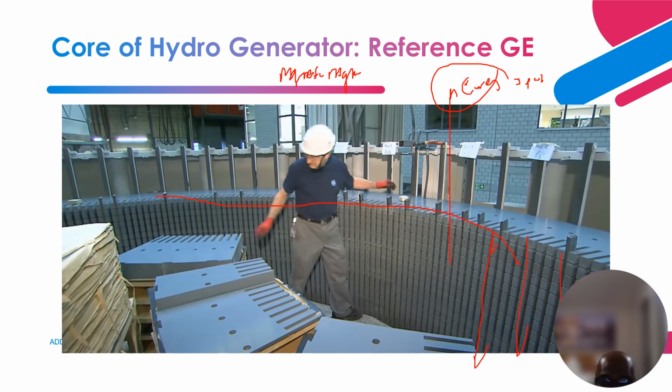These holes you see over here are called through bolts. Bolting goes through it to keep it all together. I think GE calls it through bolts, and Siemens calls it building bolts, but they all mean the same thing.